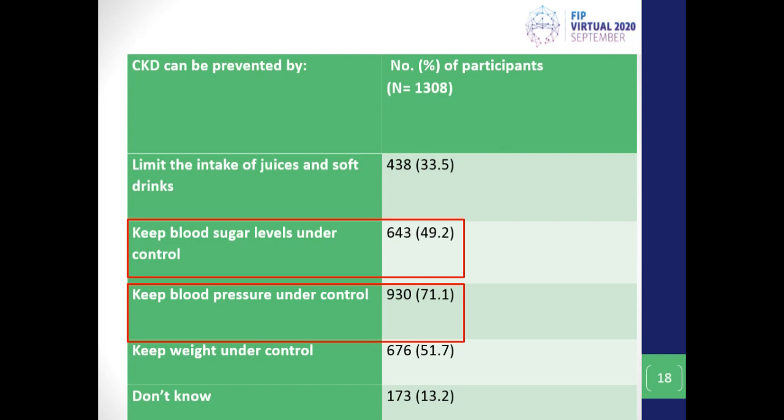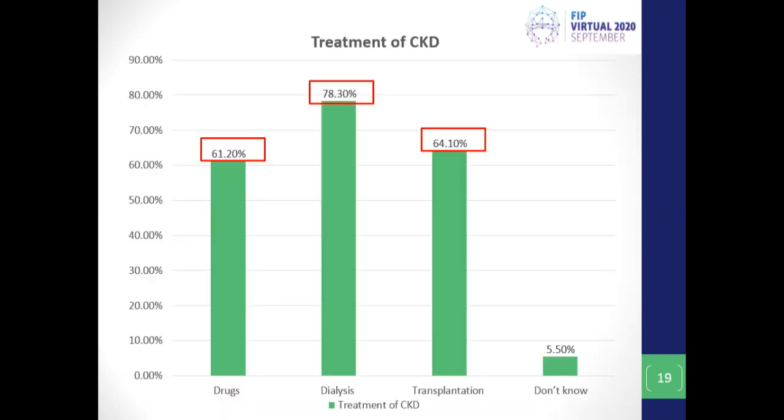Around 71% knew that controlling blood pressure can also help in prevention, and only almost half knew that keeping weight under control can also help in preventing CKD. As for treatment of CKD, only around 61% knew that drugs can be used for treatment, 78% knew that dialysis is a treatment option, and around 64% knew that transplantation is a treatment option.